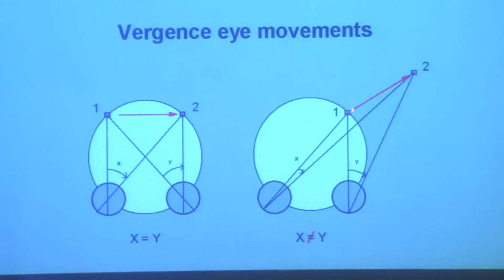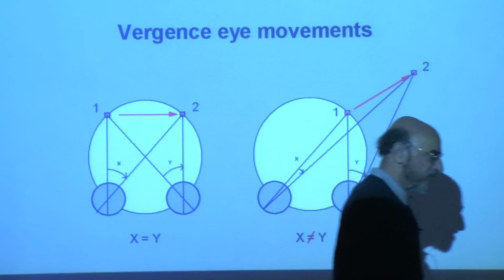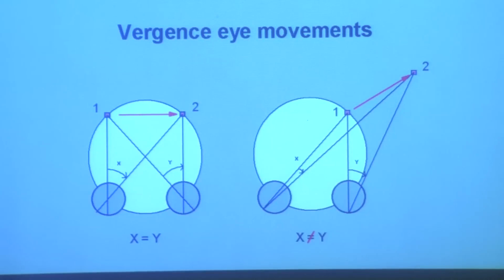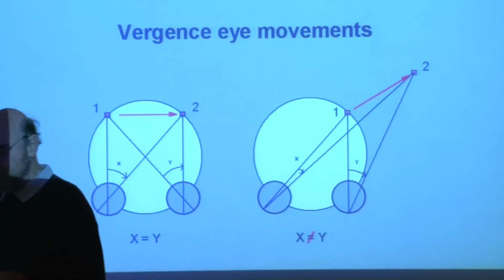However, if there's an object that falls outside or inside the Vieth-Müller circle, as shown here, then the second object falls on non-corresponding points, and so you have to bring about eye movements that involve vergence, either divergence or convergence.